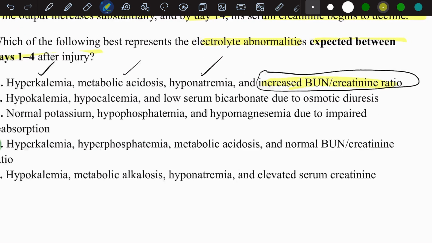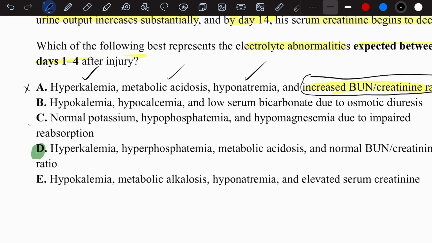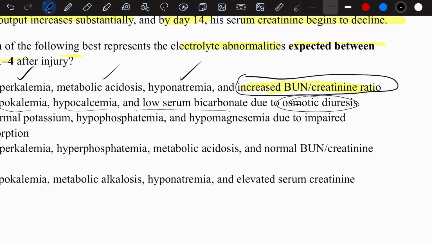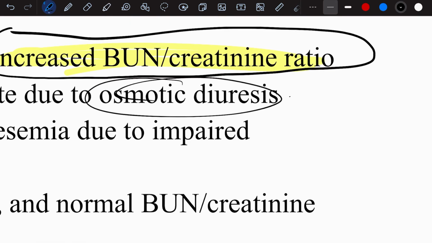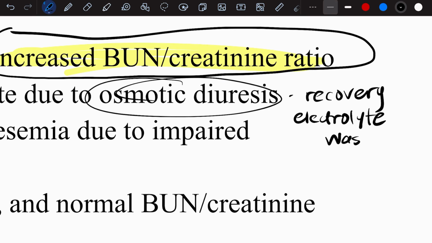Now, B, hypokalemia, hypocalcemia, low bicarb due to osmotic diuresis. So you're peeing out more. This describes the recovery stage of ATN, right? Because you are electrolyte wasting and you're losing pretty much everything due to polyuria.